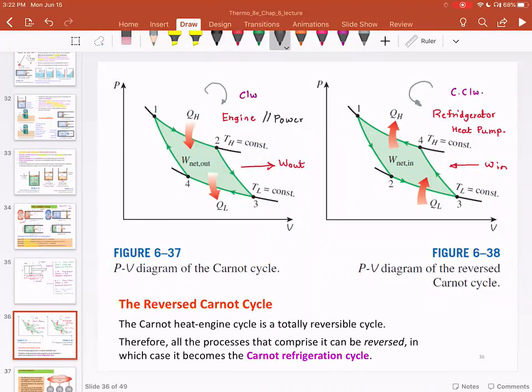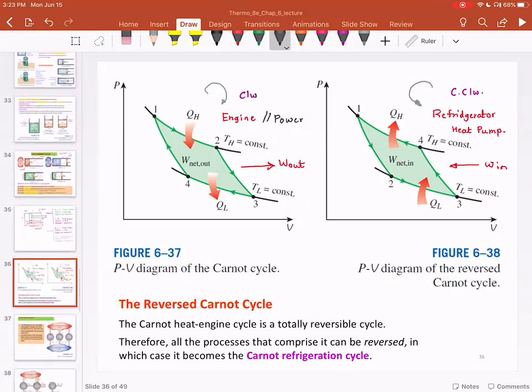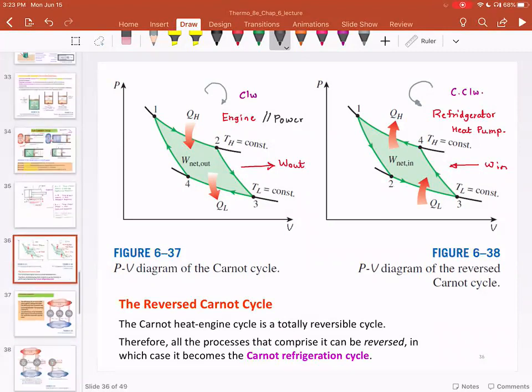Again, the Carnot cycle is a hypothetical cycle. It is not possible to achieve the Carnot cycle or Carnot efficiency or coefficient of performance in actual practice. But for thermodynamic analysis, we start with a Carnot cycle and then add additional constraints and assumptions.